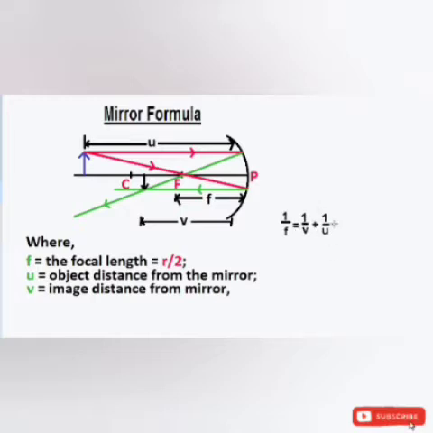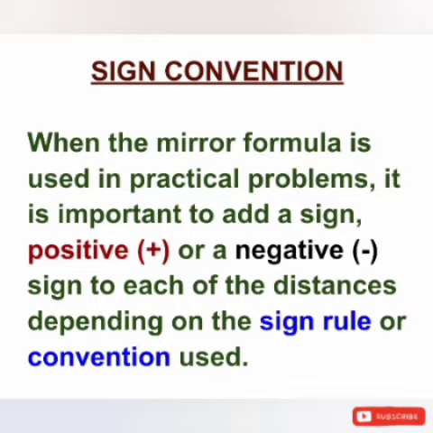Let us take a look at the sign convention. When the mirror formula is used in practical problems, it is important to add a positive sign or a negative sign to each of the distances depending on the sign rule or convention that is used.